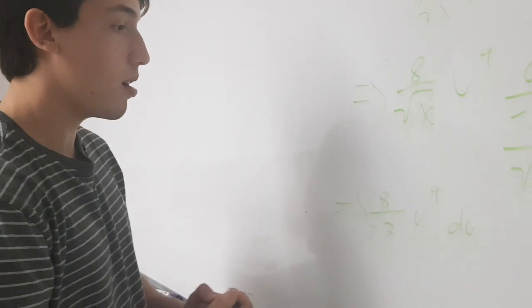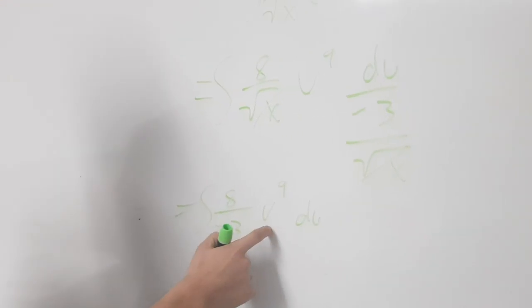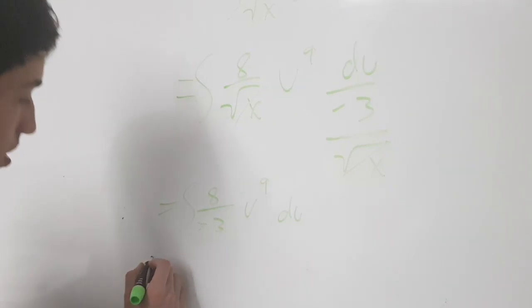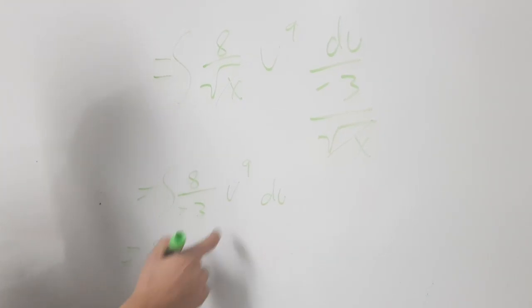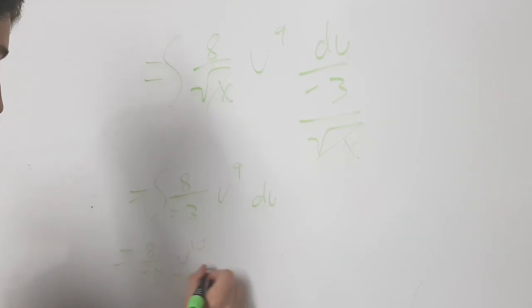So now we're going to find the integral, where we add 1 to the exponent and divide by the same thing.